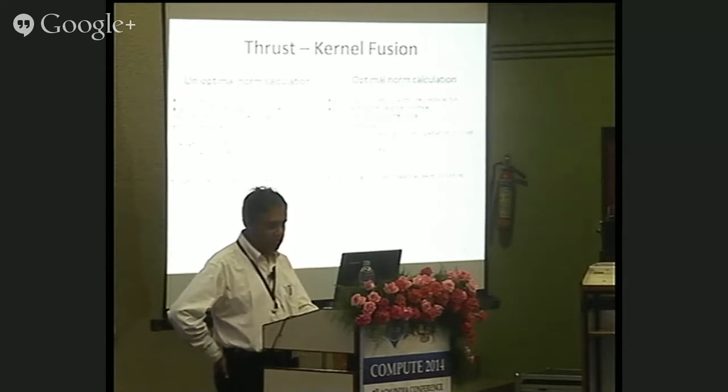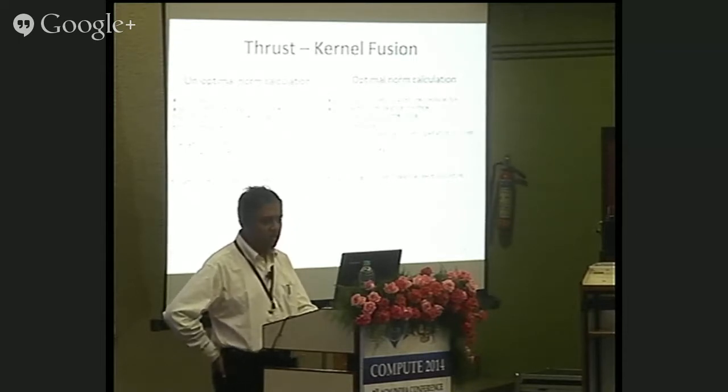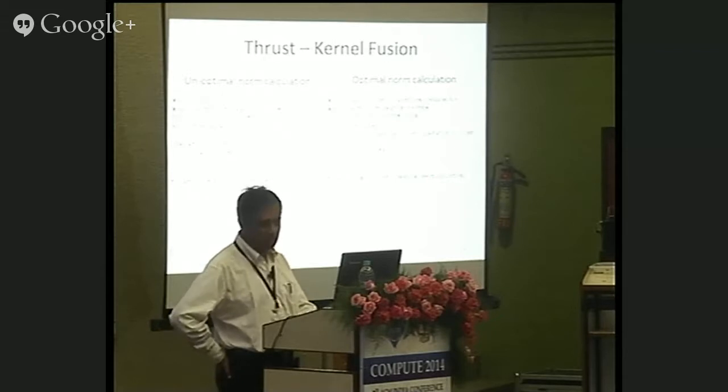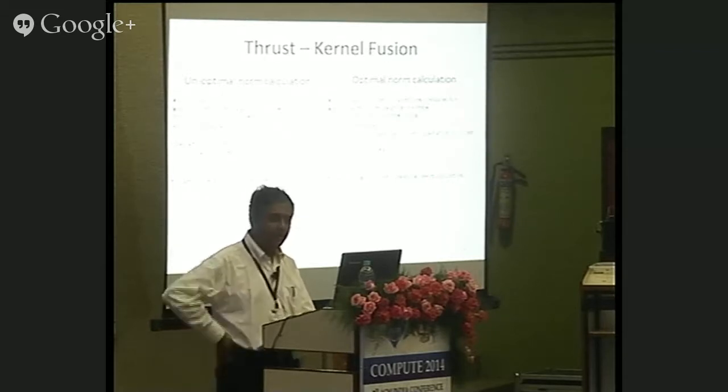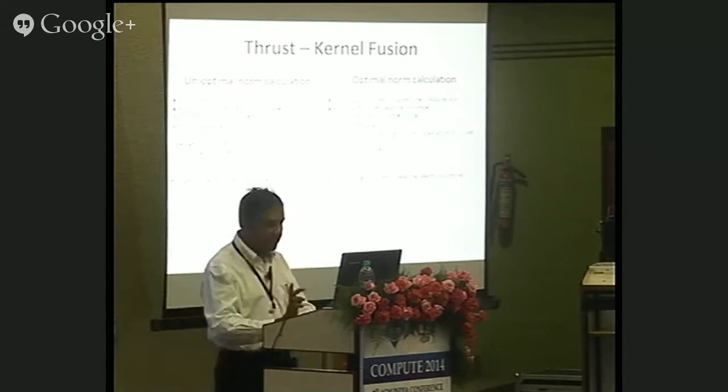It's an object, a struct, but it has an overloaded function call operator, and therefore it acts like a function. The functor's advantage is that it can actually store state. So here is a functor which is doing a square, and in fact it is a norm calculation.